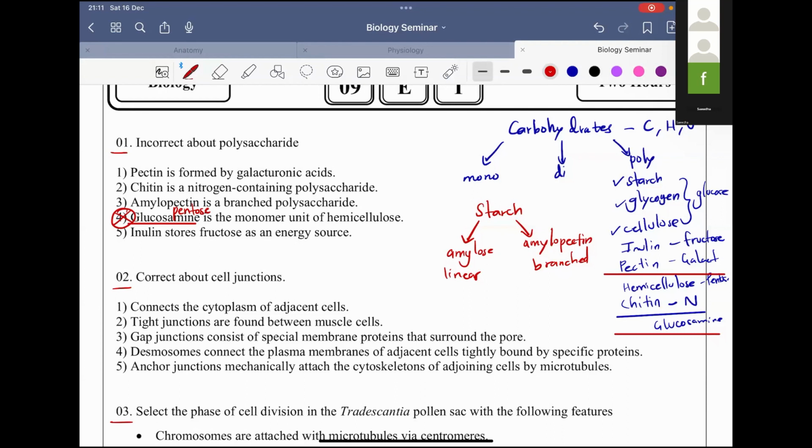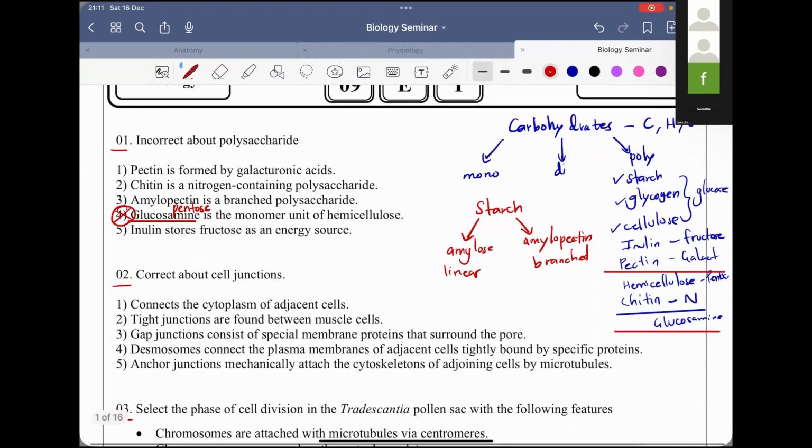So, connecting the cytoplasm of adjacent cells is correct, because cell junctions are the structures at which the cytoplasm of adjoining cells is joined. So that statement is correct.